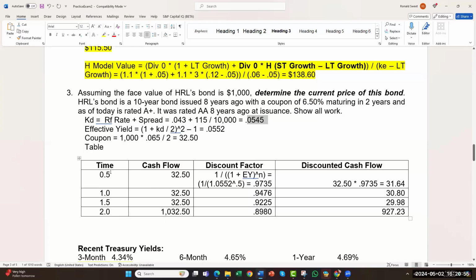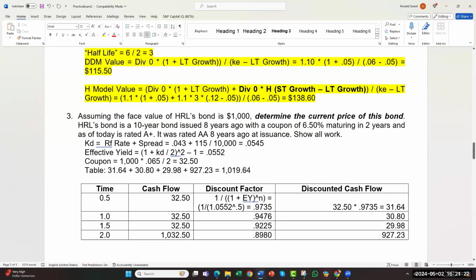You know that it's going to be greater than $1,000. So we add these together, 31.64 plus 30.80 plus 29.98 plus 927.23, and I get 1,019.64. It looks like it's actually 65, but that's just the rounding. If I get rid of the rounding, it probably would come out to 65. So don't worry about the rounding.